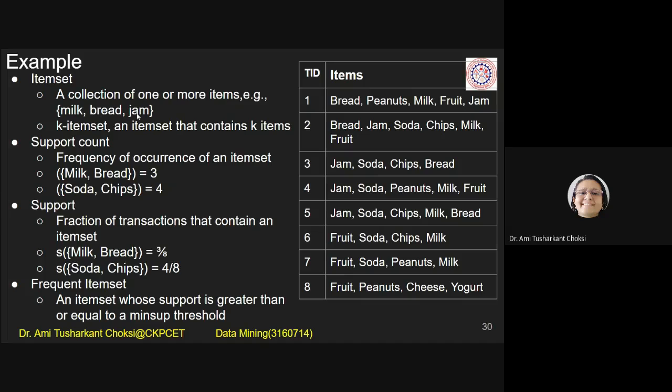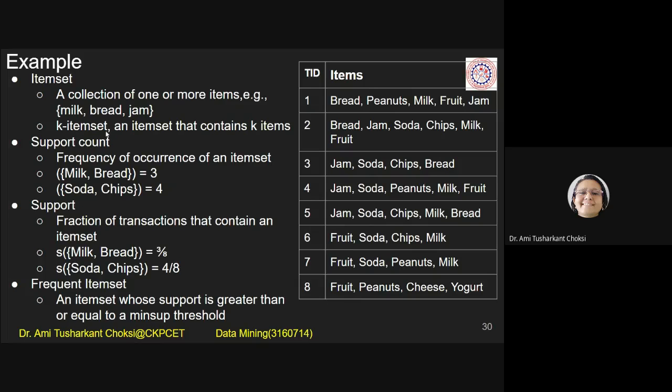It is a 3 item set, isn't it? Because a K item set is an item set that contains K items. So here we have 1, 2, 3 items, so this set is called the 3 item set.